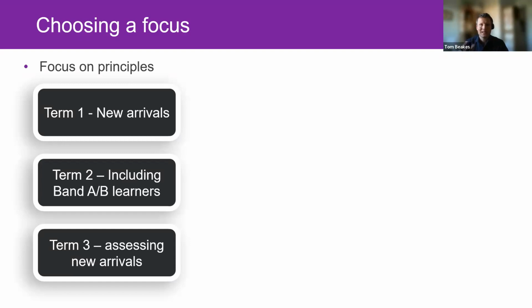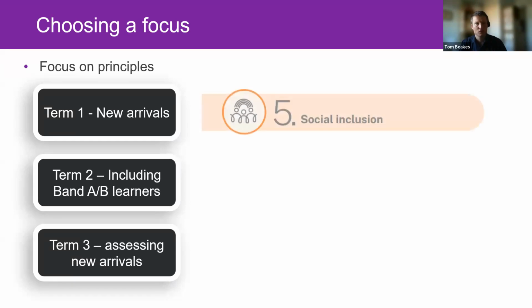For example, you might decide to focus on a particular principle from the strategies. In term 1, let's imagine that the school is about to receive a lot of new arrivals with limited English proficiency from outside the host country. So you may want to focus your CPD on aspects of social inclusion to help those new arrivals settle in and feel welcome.